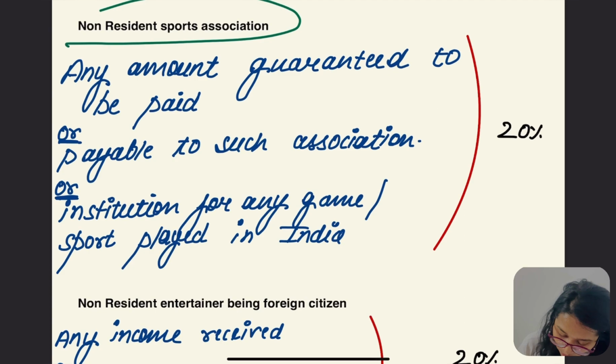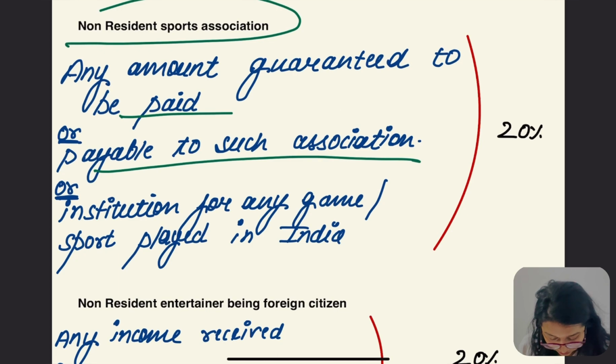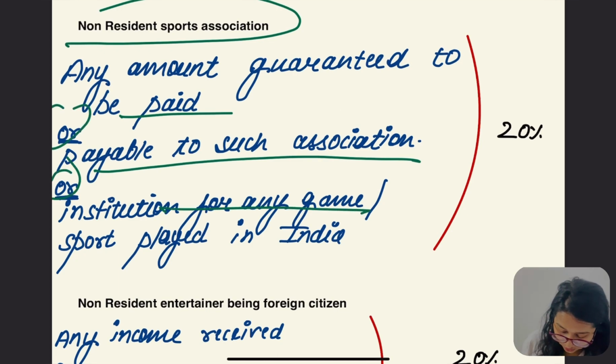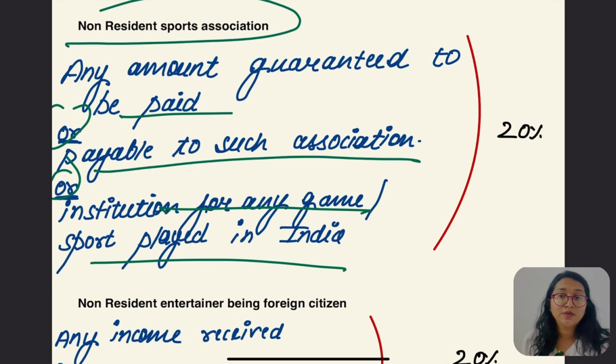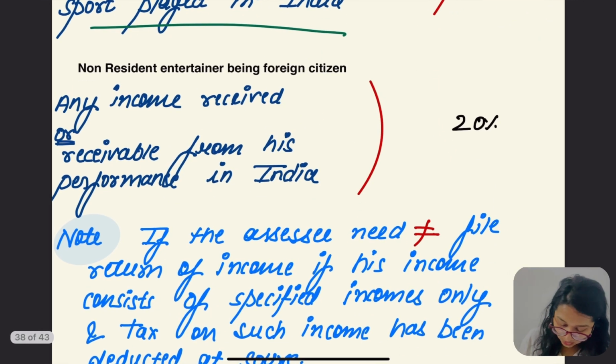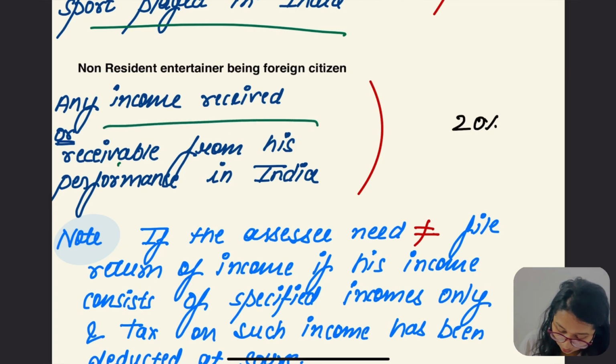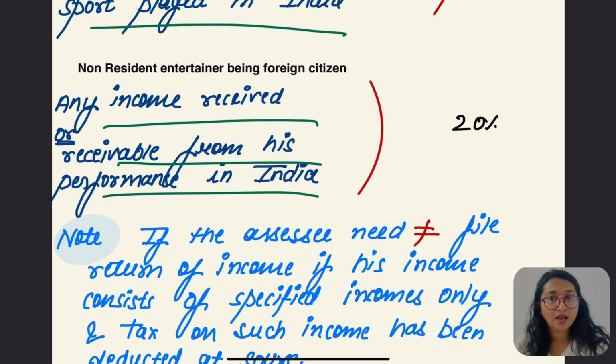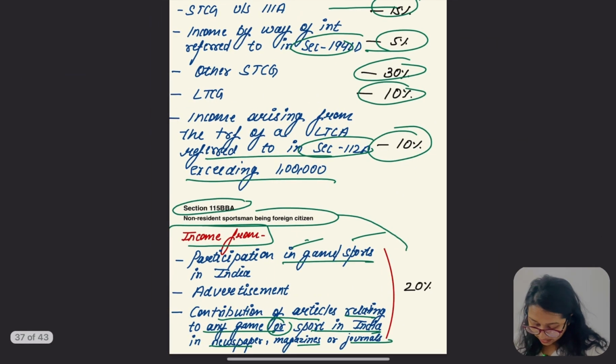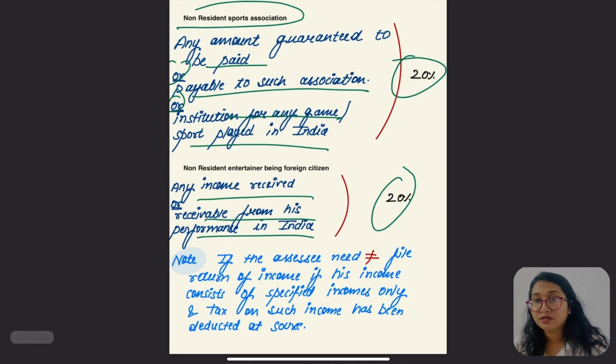Now for a non-resident sports association, any amount guaranteed to be paid or payable to such association or institution for any game or sports played in India would again be taxable at 20%. Okay, a non-resident entertainer being a foreign citizen: earlier we were talking about the sportsperson, now they are the entertainer. Any income received or receivable from his performance in India, again 20%. For every case of a sportsman, entertainer or association being a non-resident, 20% tax would be applicable.